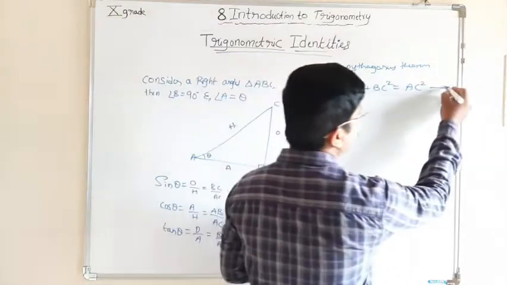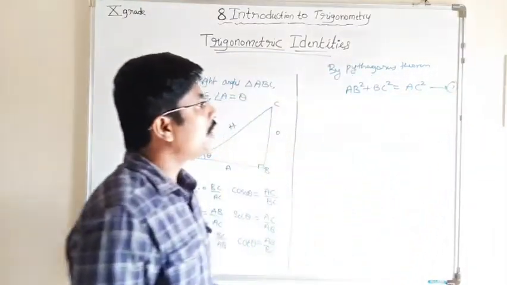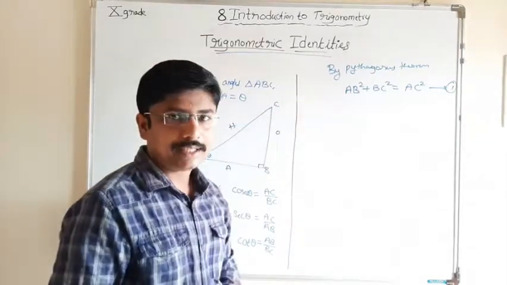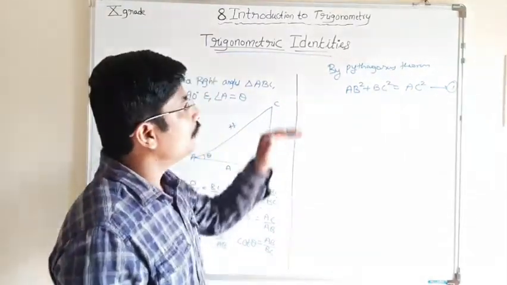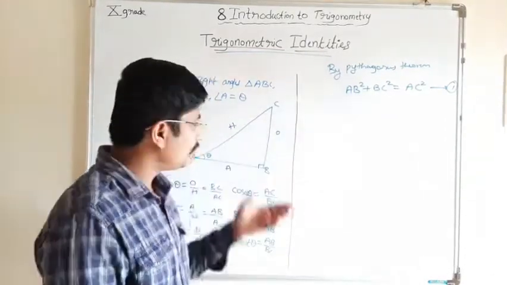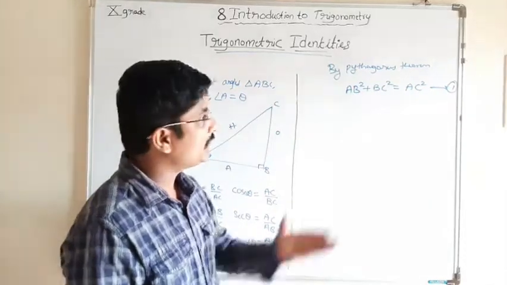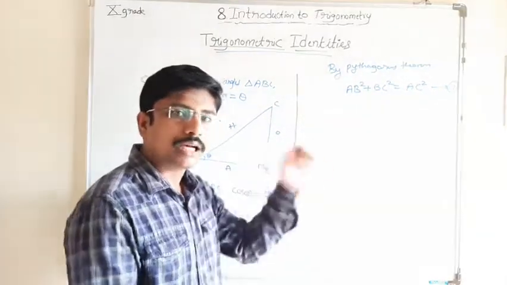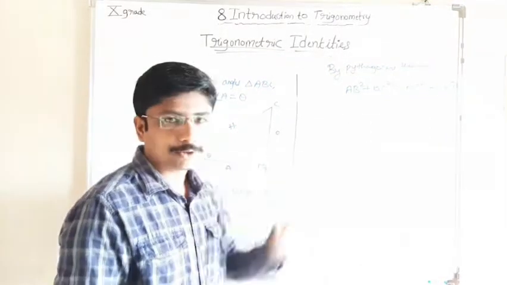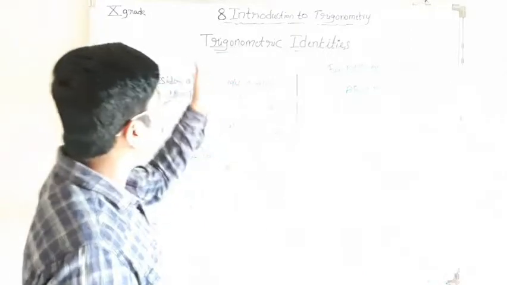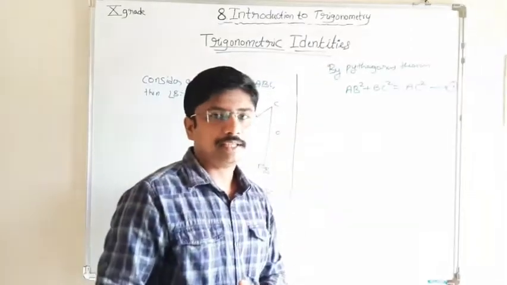Call it 1. Now, to get trigonometric identities, we will divide 1 by one of the sides, either AC square, AB square or BC square. We will convert it in terms of trigonometric ratios, and next, using trigonometric ratios, we will find trigonometric identities.